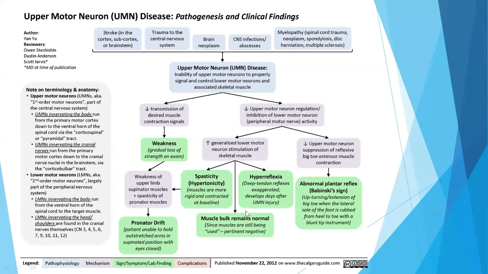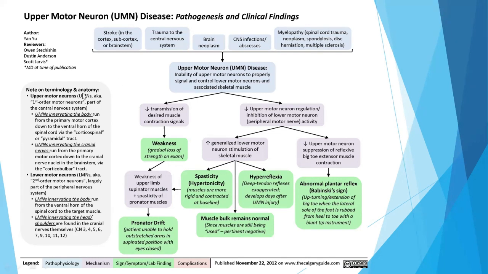Okay, and the muscle bulk remains normal since muscles are still being used, pertinent negative. Now, the decreased upper motor neuron suppression of reflexive big toe extensor muscle contraction can cause abnormal plantar reflex or Babinski sign. Now, this is the pathogenesis and clinical features that are arising in the upper motor neuron lesion.